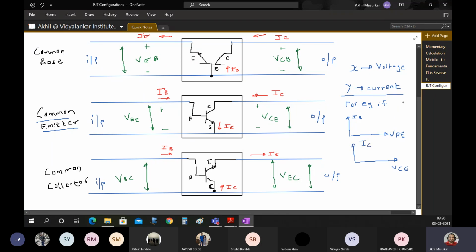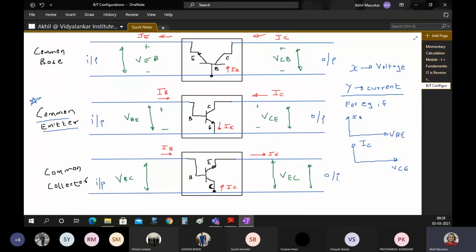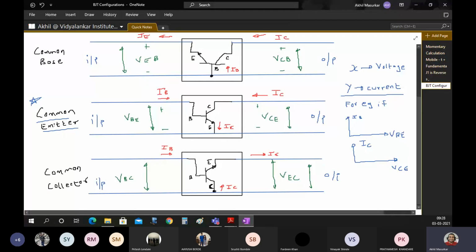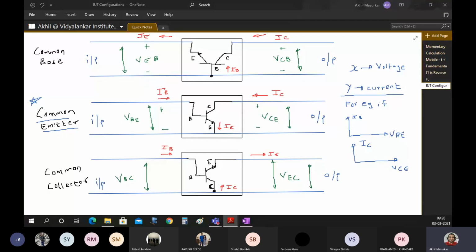So this is how you plot the input and output characteristics of the BJT in different configurations, that is common base, common emitter and common collector. Our interest would be more in common emitter because that is the case where you get a good amplification. So once you do this, just say done in the chat box.